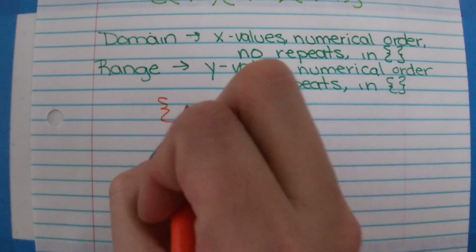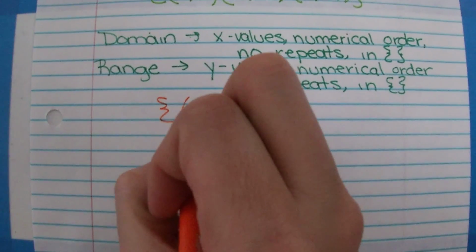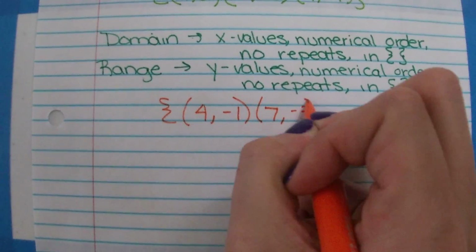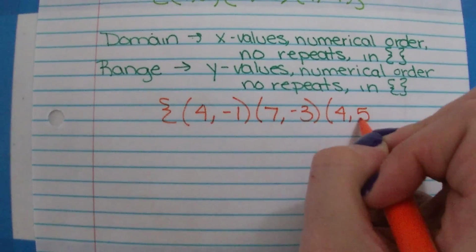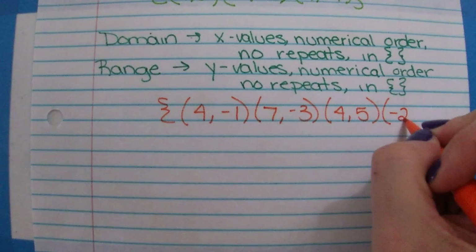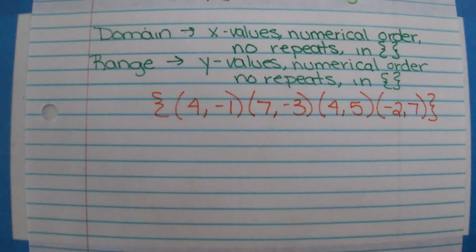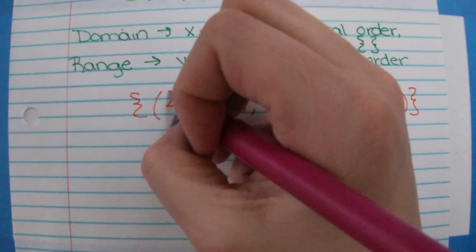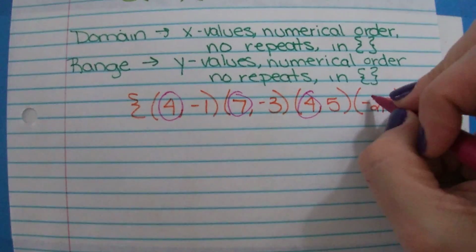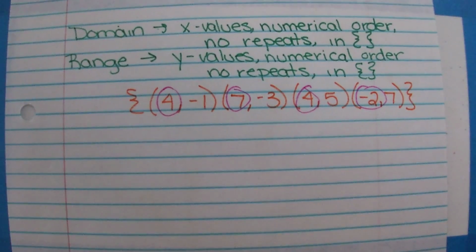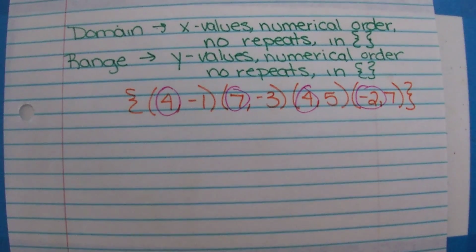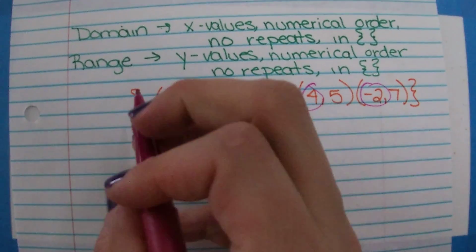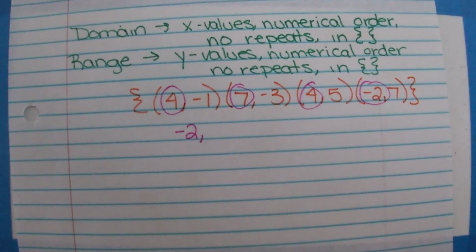So if I have this as my set of info, as my relation, and I want to write down the domain and the range. Again, the domain is the x values. So I'd be picking all of my x values. I would be writing them in numerical order. So the smallest is -2.